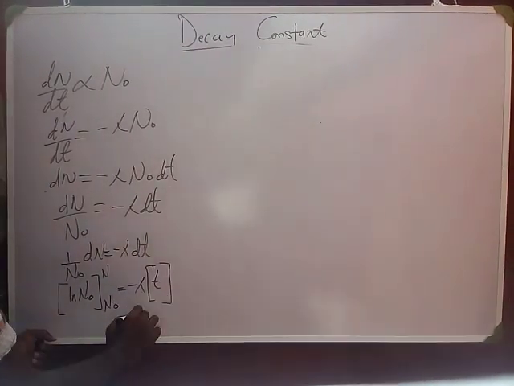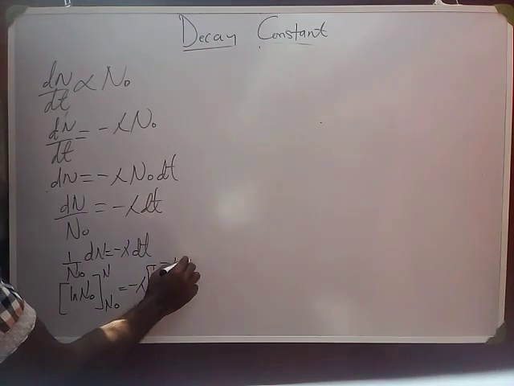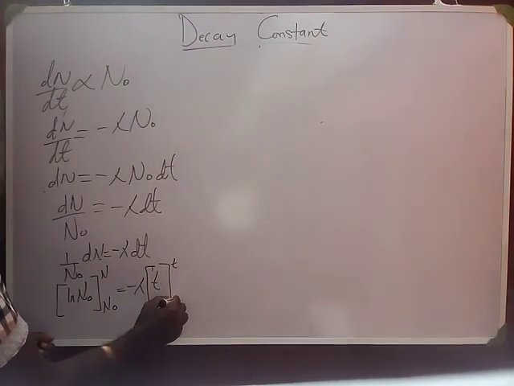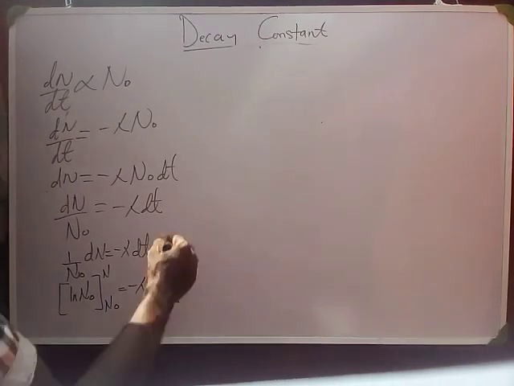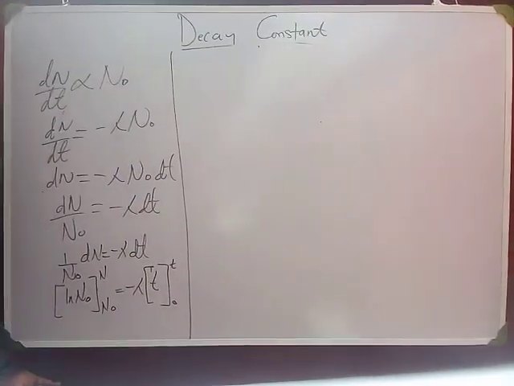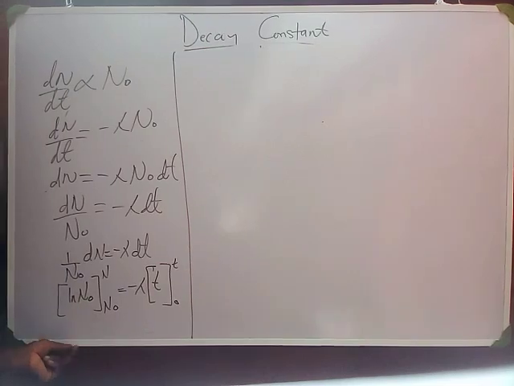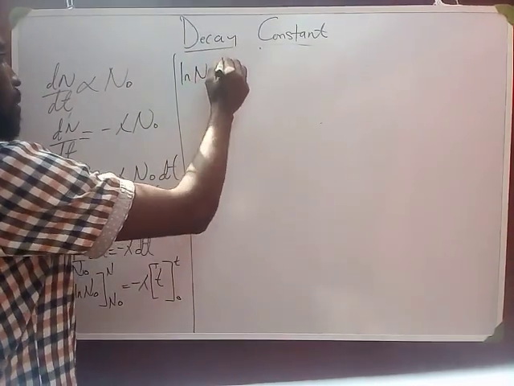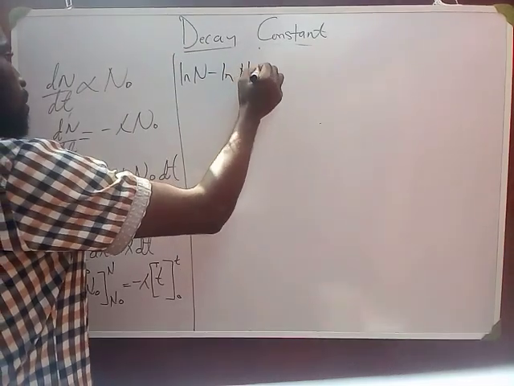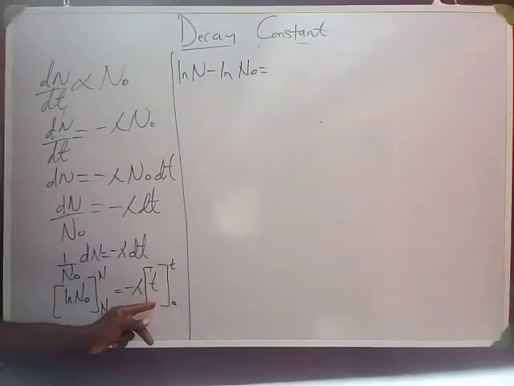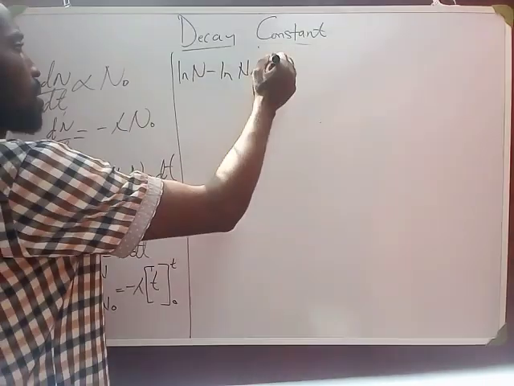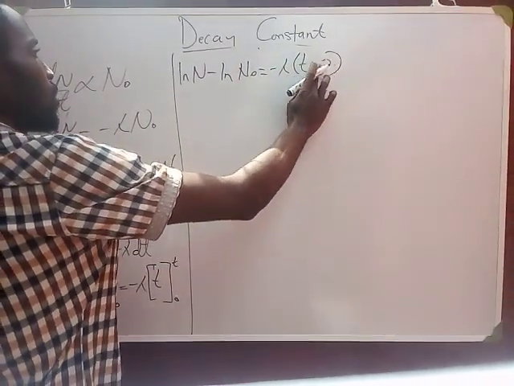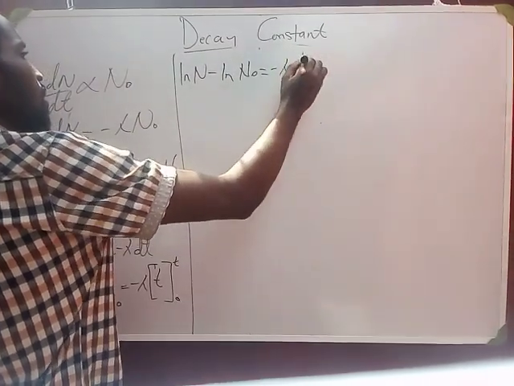Now the final is at time t, and before it starts disintegrating, time was 0. So at this junction, this is ln N minus ln N naught equals minus lambda t minus 0, and t minus 0 gives you t.